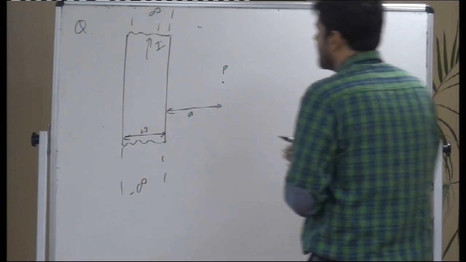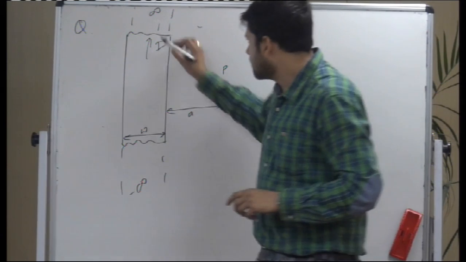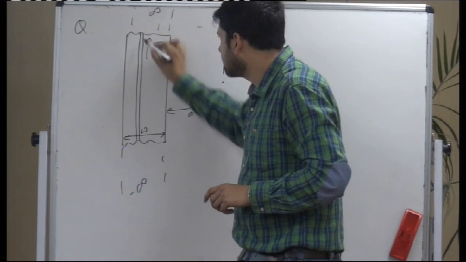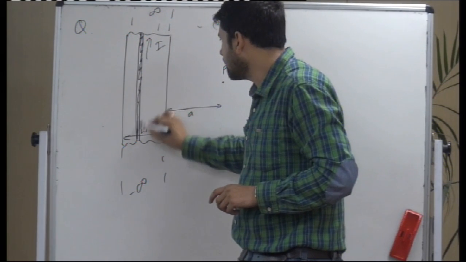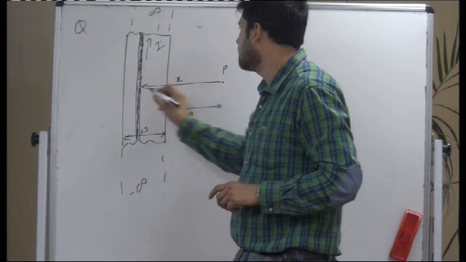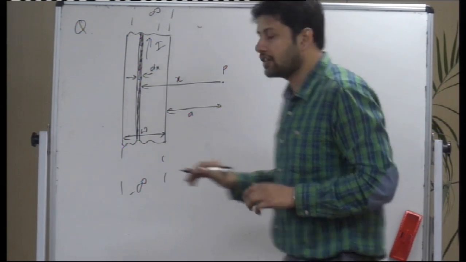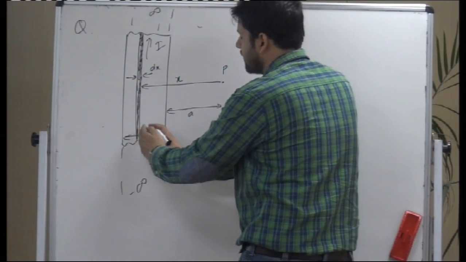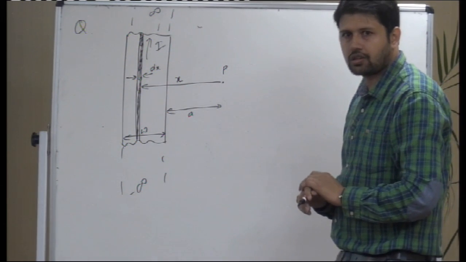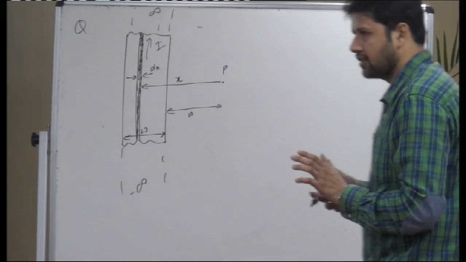What to do? See, actually, can we consider the strip to be made up of so many thin wires? So let's take a thin wire. Let's say the distance of this wire is x and the thickness is dx. The current I is spread over width W. So current per unit width we can calculate.